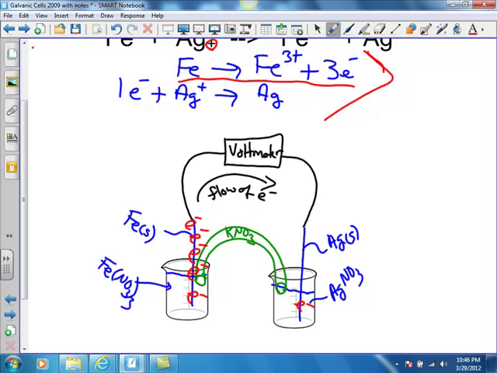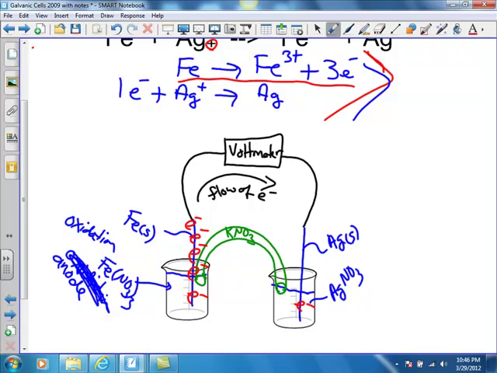And then the other thing you're going to have to be able to identify is the anode half cell and the cathode half cell. And again, that's why I like this, because you've already identified it. The Fe is losing electrons. Loss of electrons is oxidation. So this side is oxidation, and therefore it's the anode side.